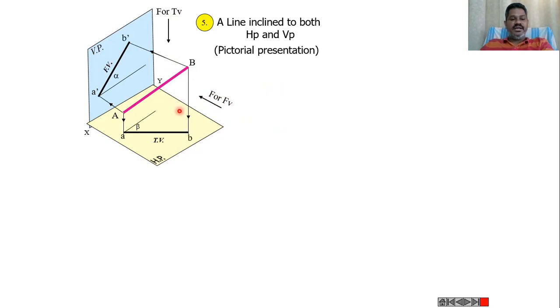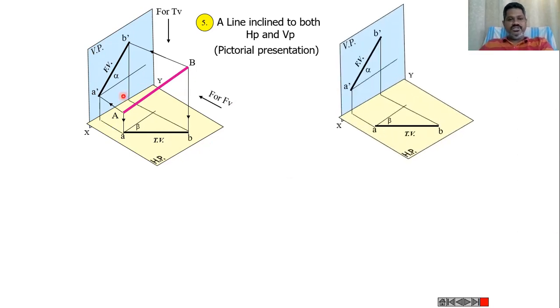This line is making some angle with VP, and this line is making a certain angle with HP. This is how the projections look. When we see exactly, this line is making some angle with VP and this line is making some angle with HP like this.